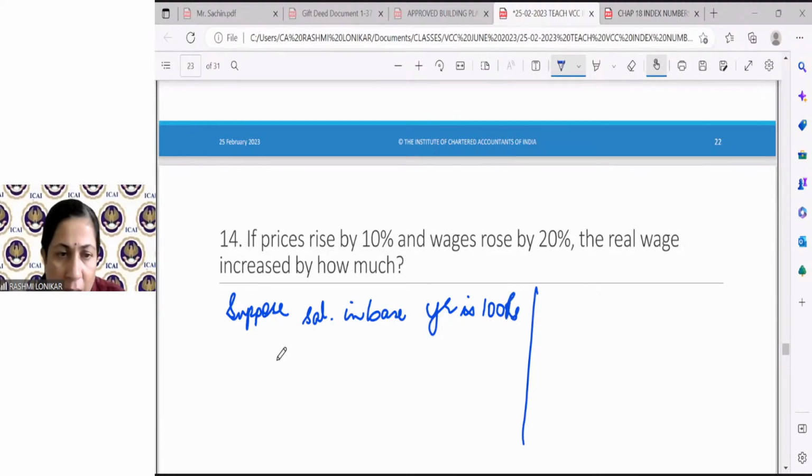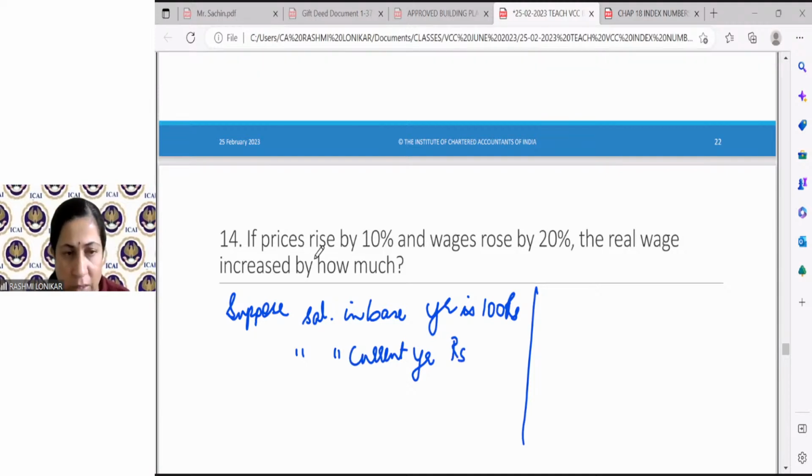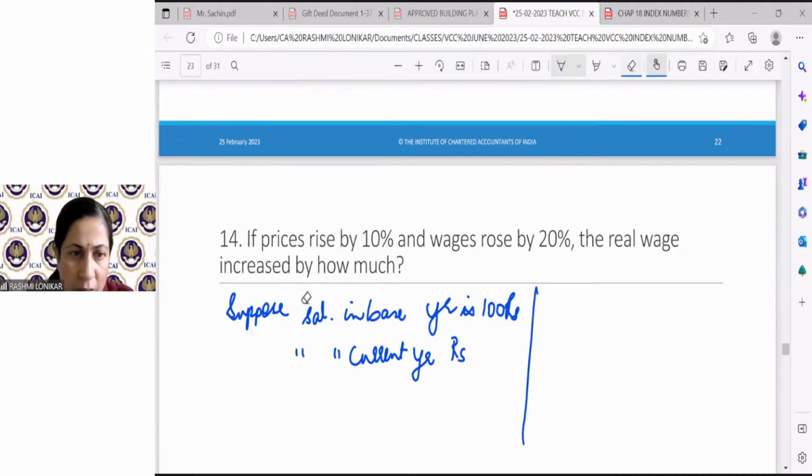So salary in current year will be how much? Can anybody tell me? Looking at this, how much will be his salary or wages? Okay, it's wages here. Let me use the word wages. Wages in base year is 100 rupees.